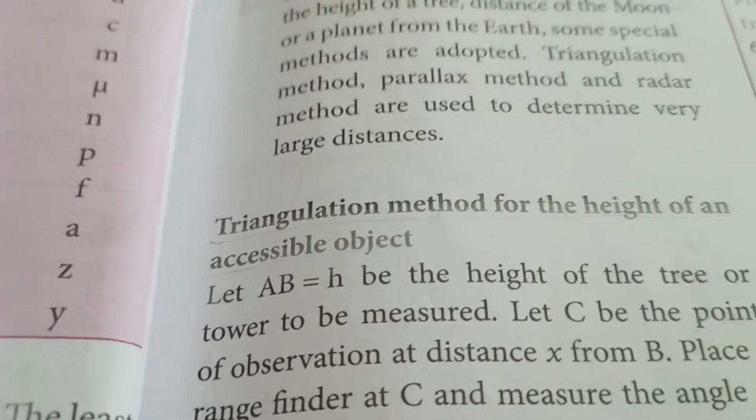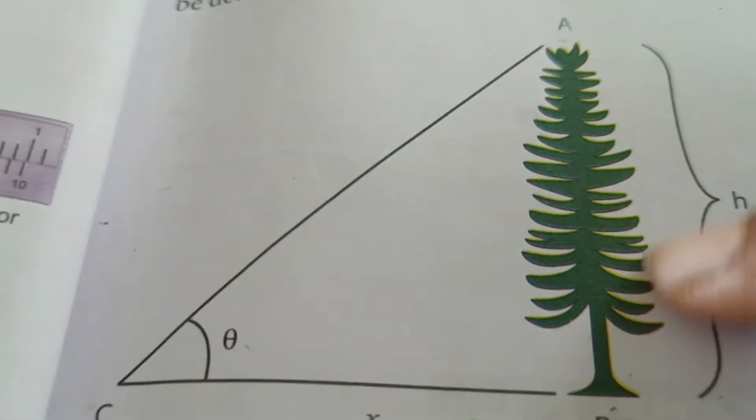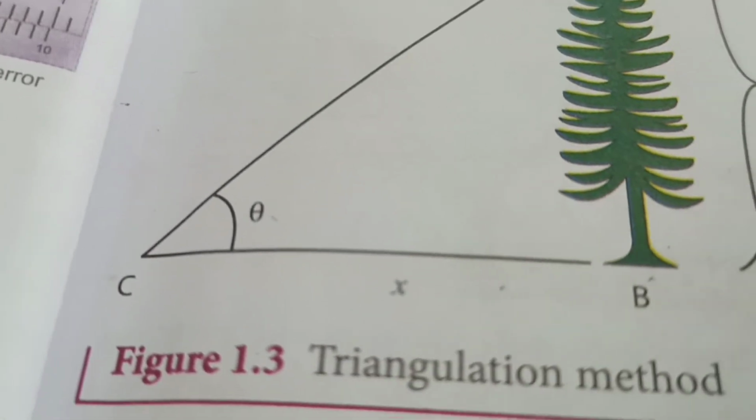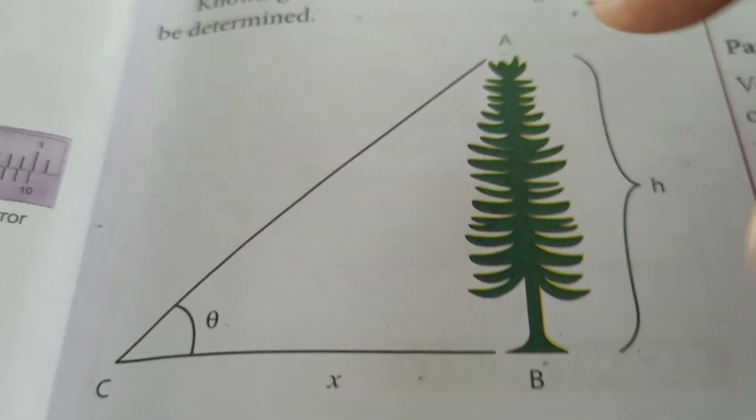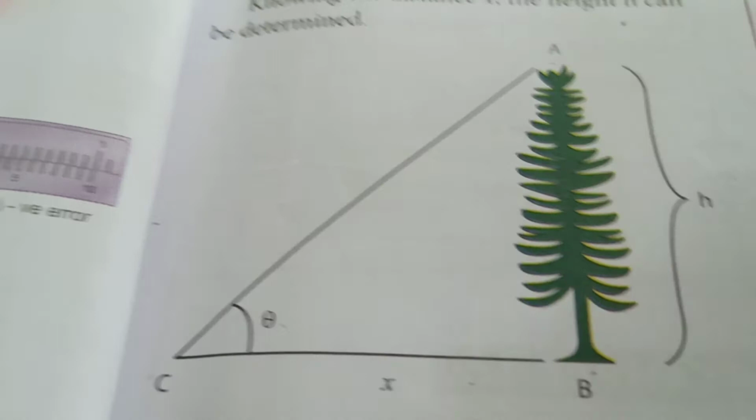We take a tree. Consider the tree of height AB, that is equal to h. We calculate this h value, the tree's height.